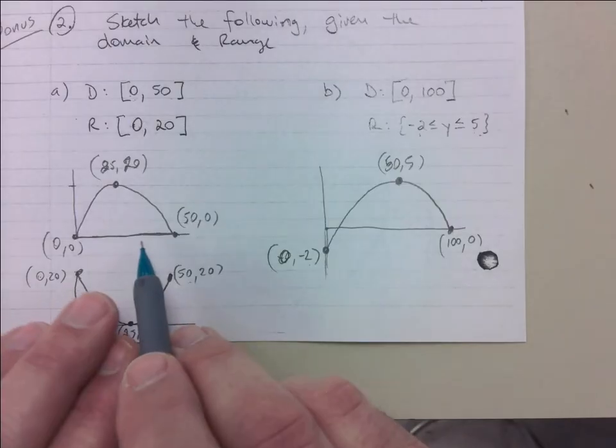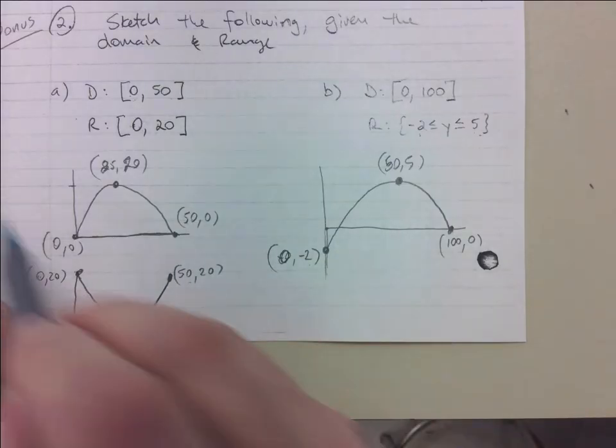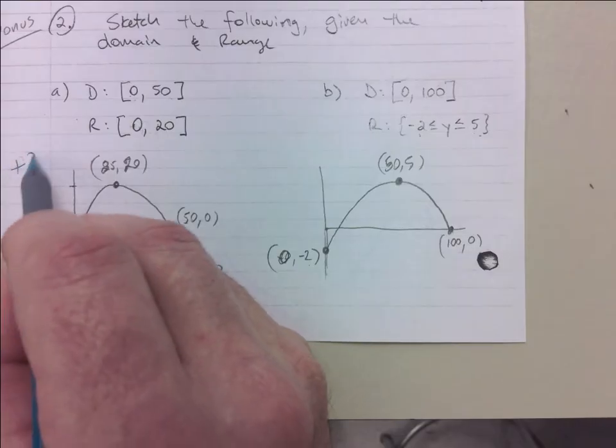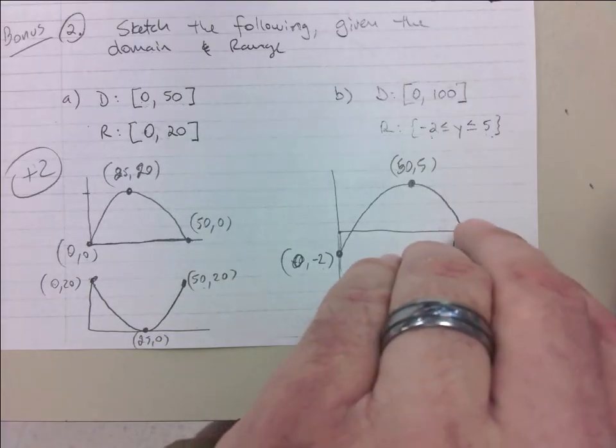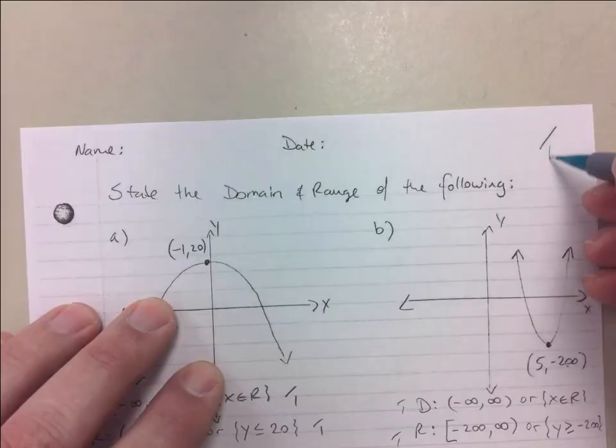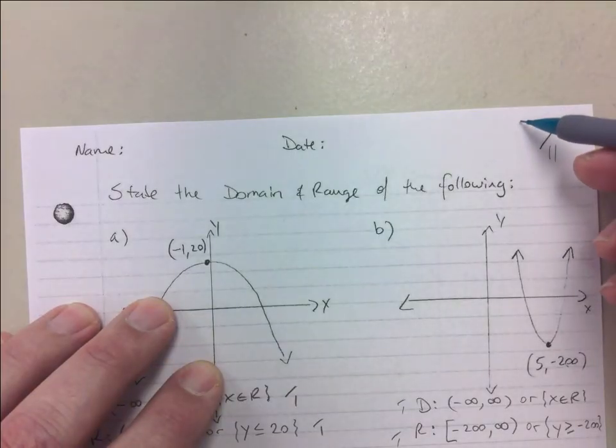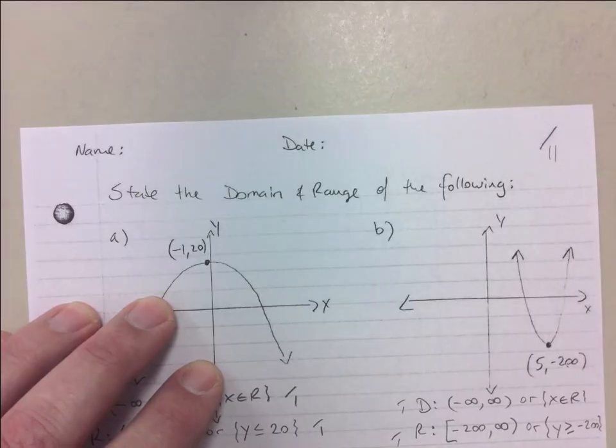If you have both of them correct, you get a bonus of +2. Okay, one for each. Okay, so go to the front, make this worth 11, and possibly 13 out of 11 that you could score.